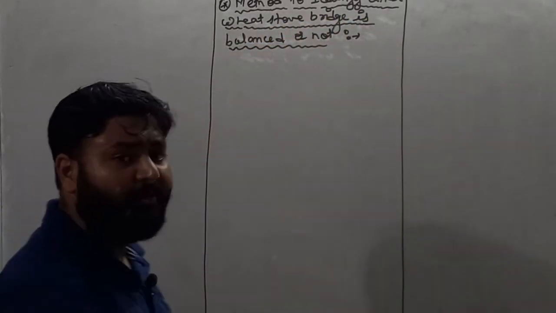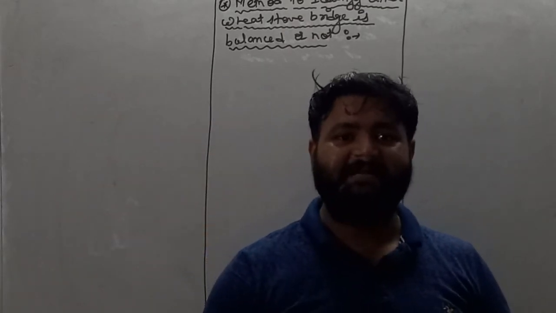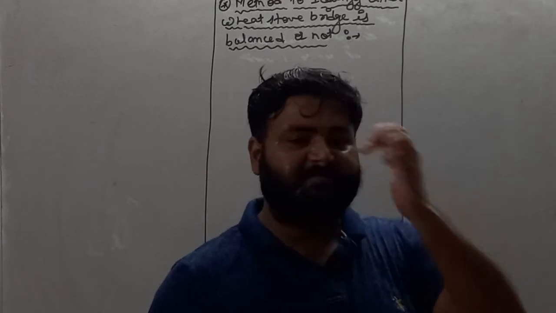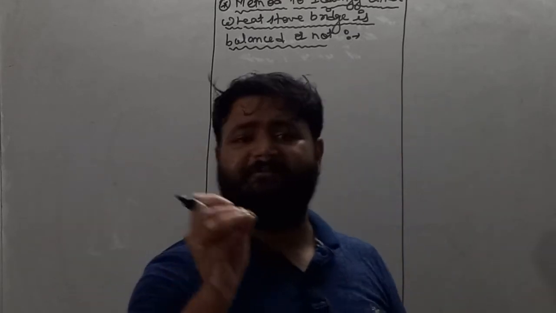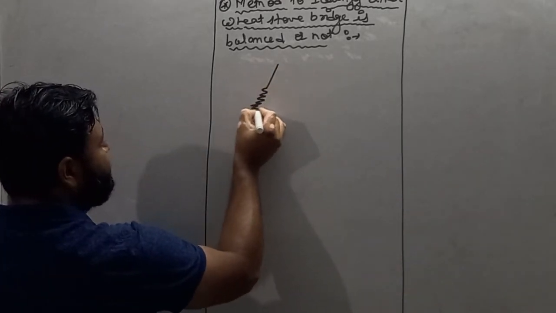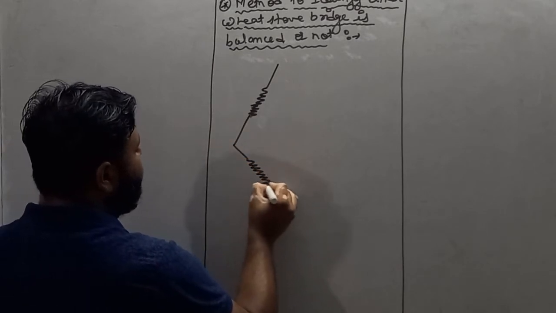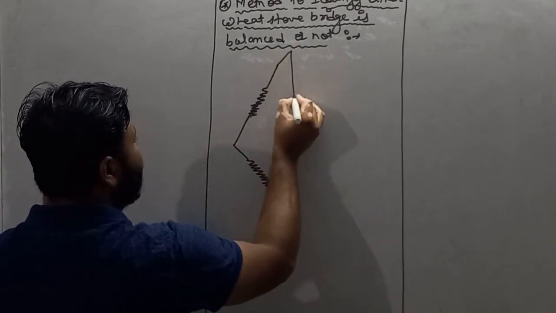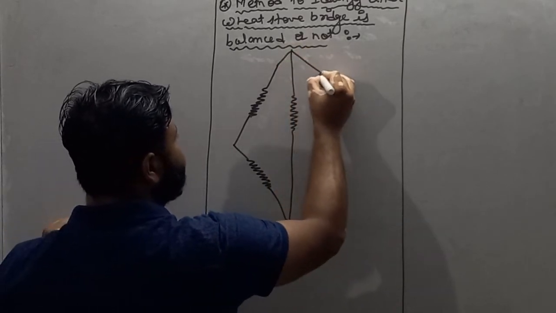So as we know, the potential across the bridge resistor is the same, then no current can flow across the bridge resistor. This is basically the balance condition of the Wheatstone bridge. So see, my dear student, let's suppose we have a combination of 5 resistors. The circuit looks like this.